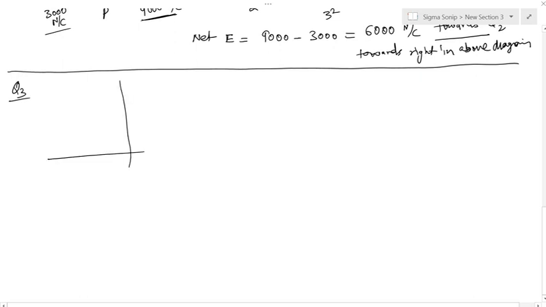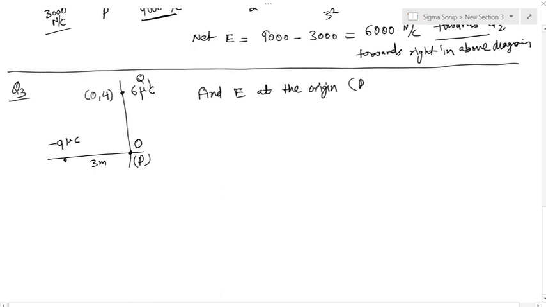We can look at one more example, which again would involve some vector addition. This time the coordinates of this point are 0, 4, and the charge I have is 6 microcoulomb, and I'll call that Q1. Another charge that I have here is 9 microcoulomb, and this is 3 meters. All I'm trying to do is find the electric field intensity at the origin, which I'll call O, so I don't want to use P there.